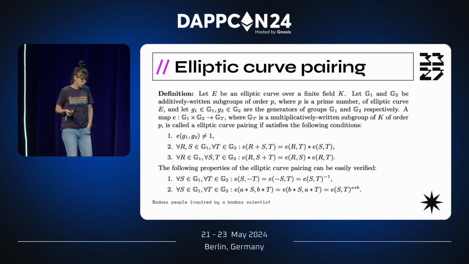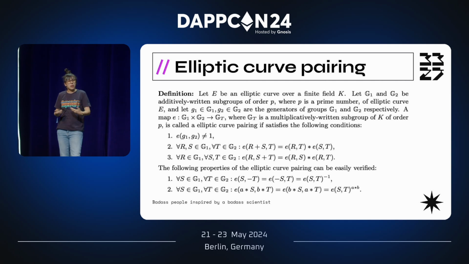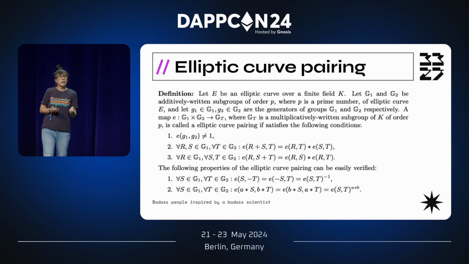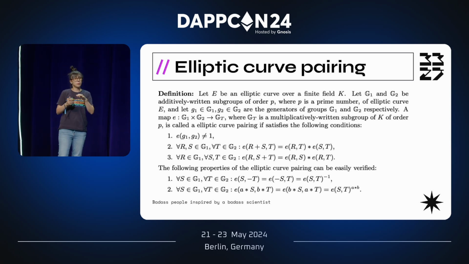And because we are using pairings, we need to say a few words about pairings, and to fully understand how pairings work, we need to have deep mathematical knowledge. So we will not go into details.